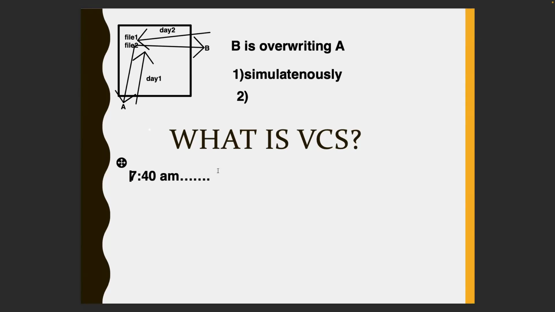So we need a system which can provide detailed logging, like, at 7:30 person A made changes on file 1 on line number 8, which is causing this impact, right? We need this kind of detailed history of what changes are going in.